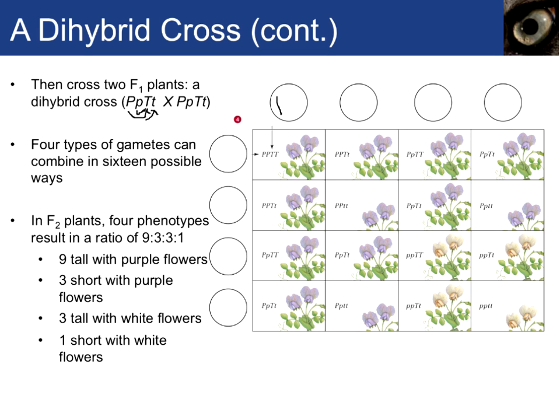Then the lowercase p with the capital T, and the lowercase p with the lowercase t. So that's how you do the gametes.